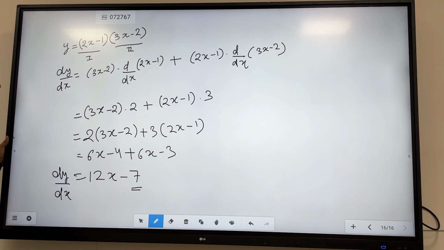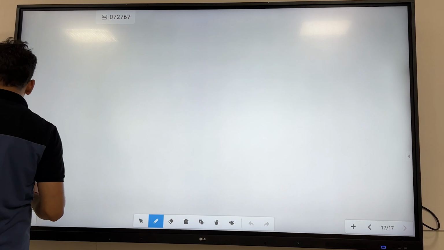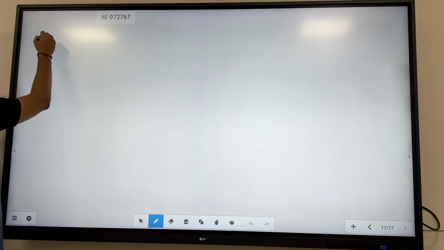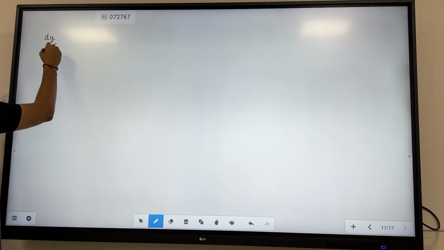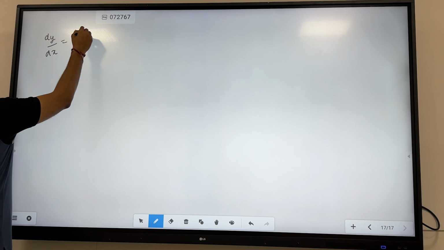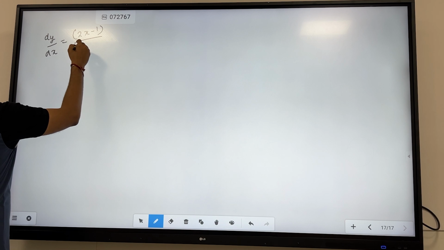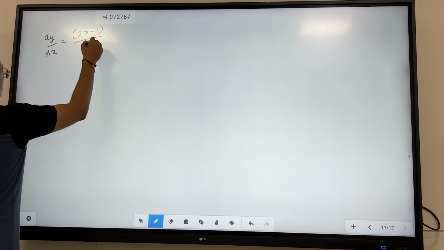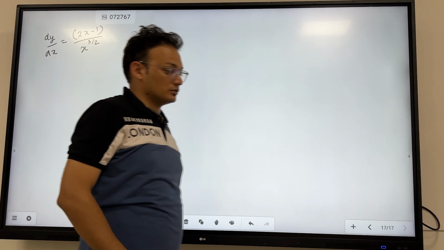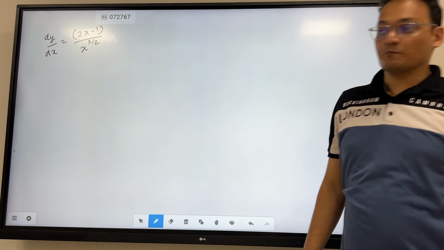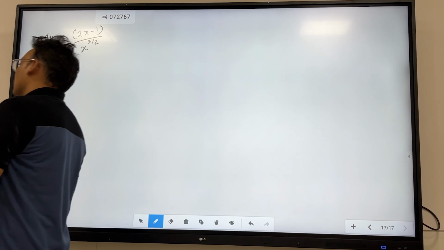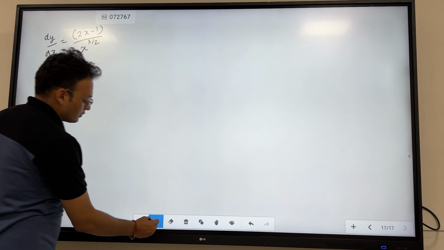Now, let's do another question from the quotient rule, right? Now, if y is equal to (2x minus 1) over x raised to the power 3 by 2. You can see that this is our question, and what was the quotient rule?